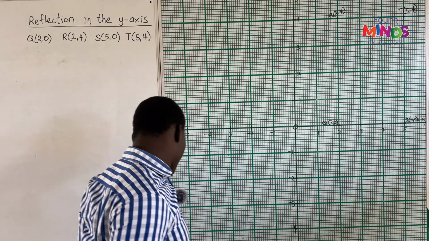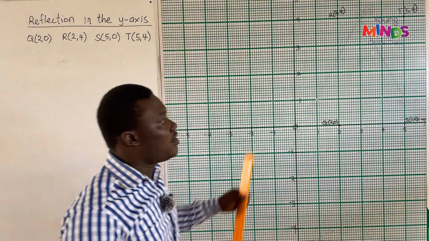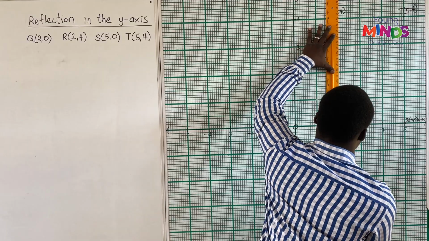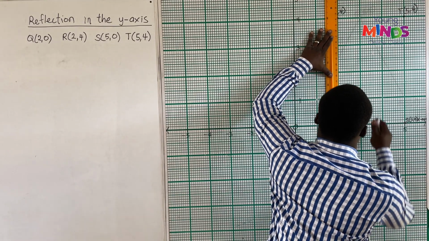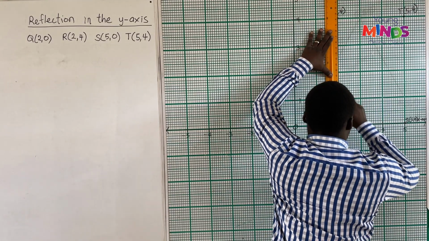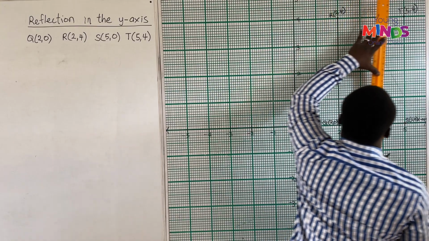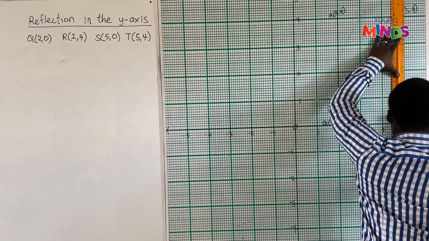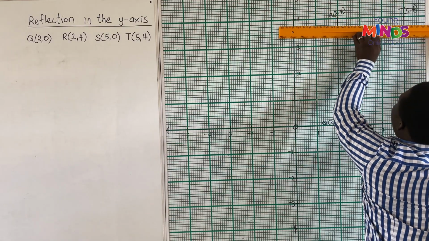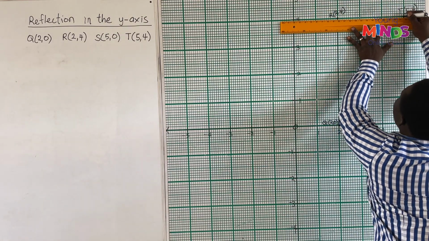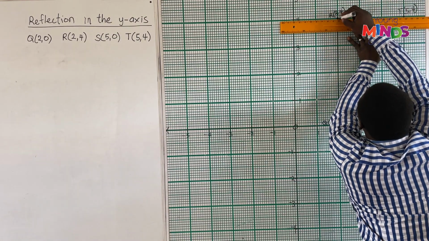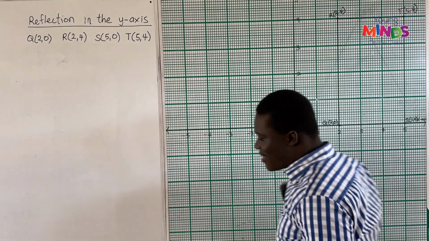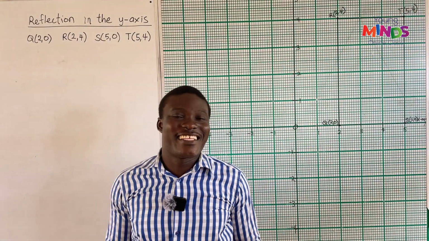We'll join the 4 points to form an image. And the image formed is a rectangle.